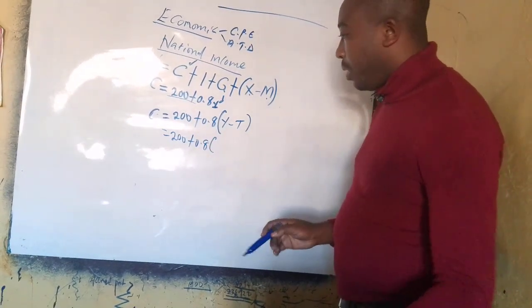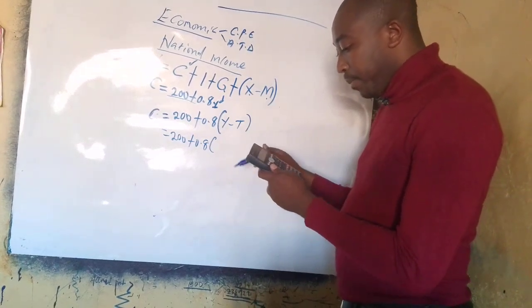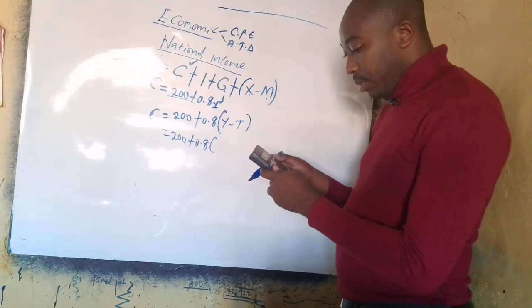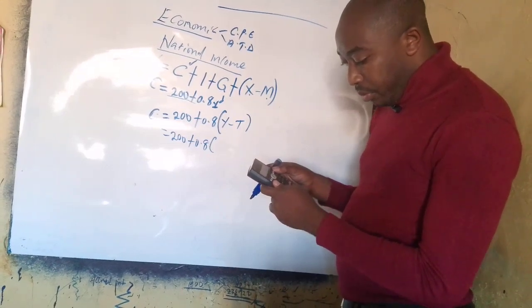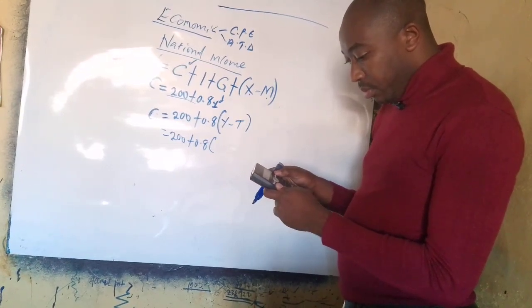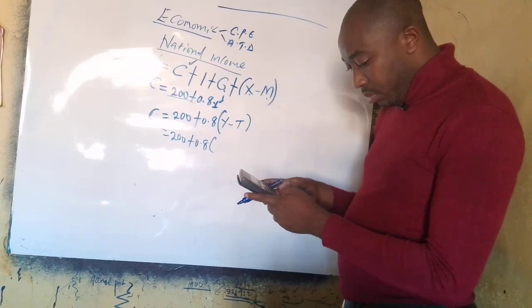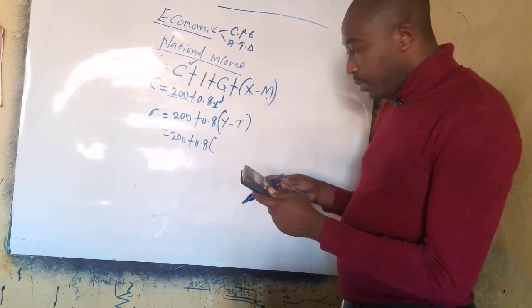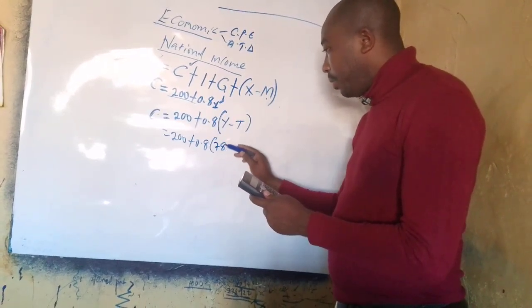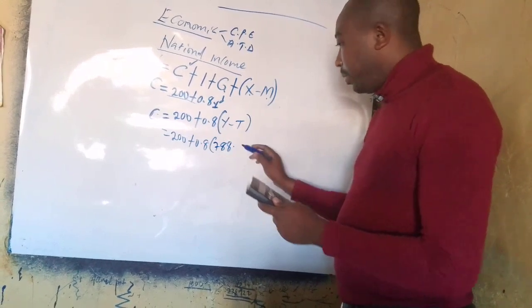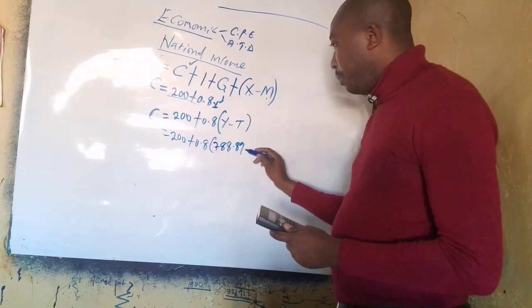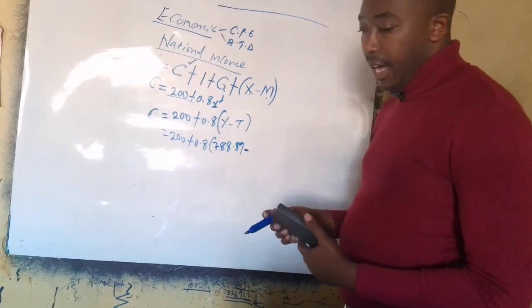I have my Y with me, which is 788.89 billion, minus tax.